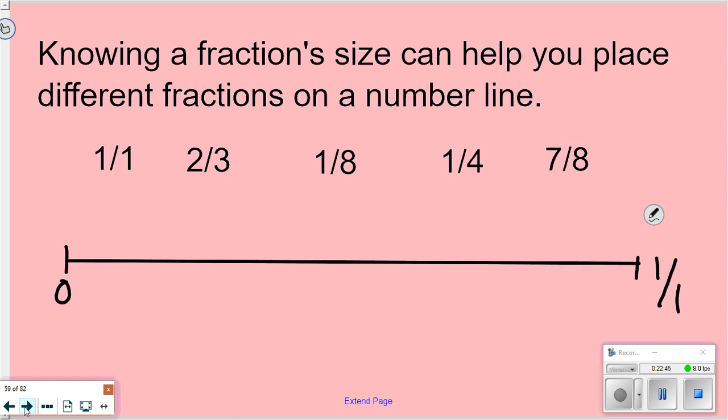Caden thinks that 1/8 is really close to 0. Why? Why would 1/8? It's got an 8 in it. That sounds big.